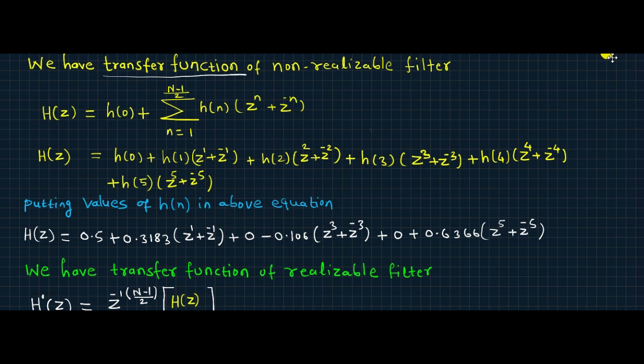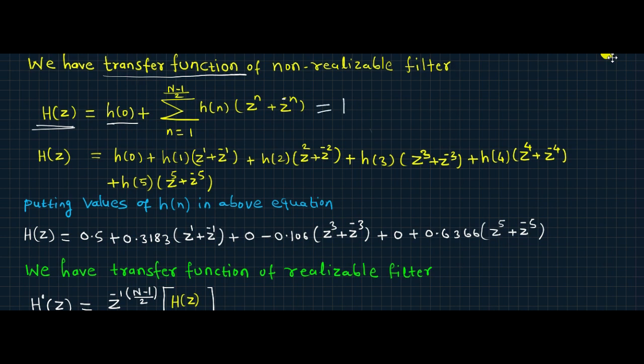Okay, H(z) is the transfer function, and its equation is h(0) plus the sum of h(n) times (z^n plus z^-n), for n equal to 1 to (N-1)/2.